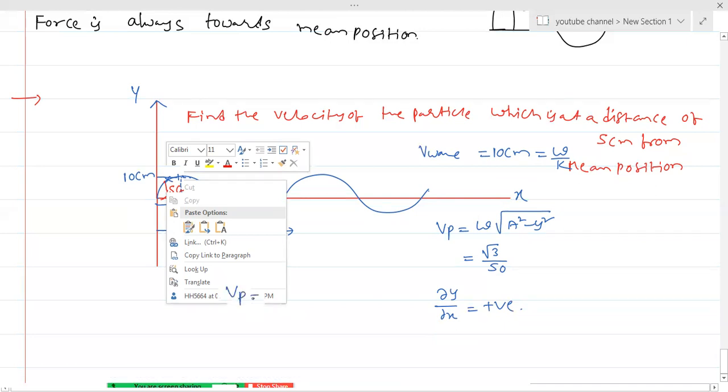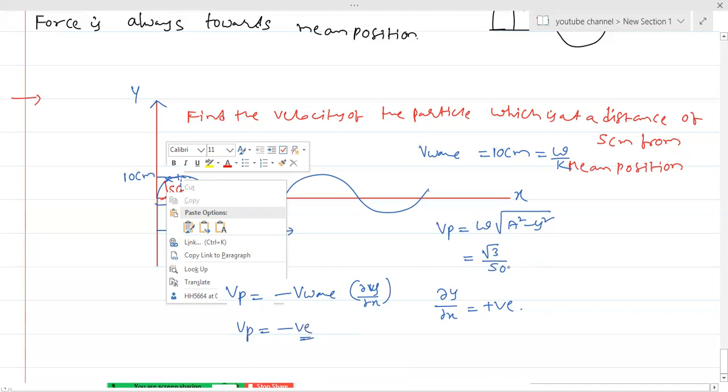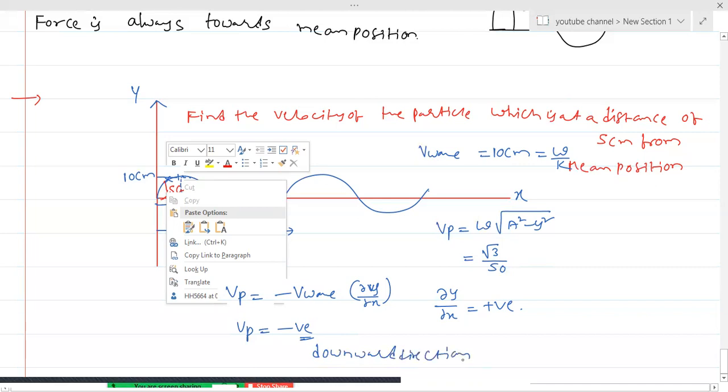Already we have a relation Vp equivalent to minus velocity of the wave into dou y by dou x. So the velocity of the particle is going to be negative, which means it is in the downward direction. In this way, we need to analyze the exact position of the particle and the wave.